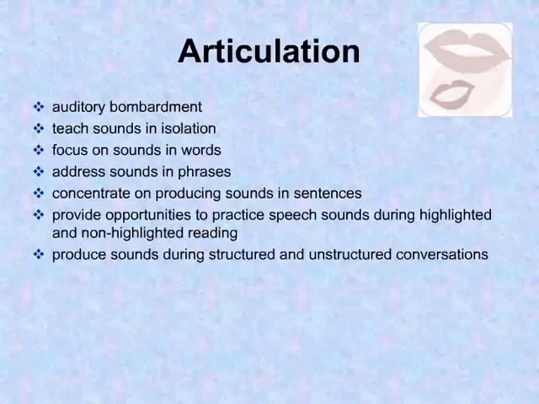This involves providing repeat exposure to the correct production of a child's mispronounced sounds. This strategy aids in the child's ability to hear incorrect phonemes in his or her own speech. After auditory bombardment, children begin to produce a sound in isolation and then progress to syllables, words, phrases, sentences, reading, and conversation.